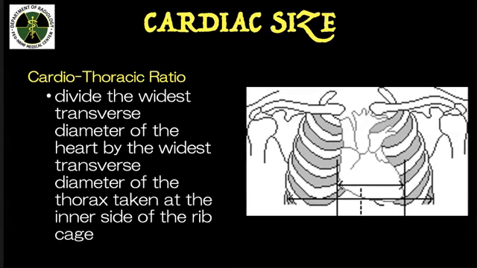As you can see here, this is the widest transverse diameter of the heart. You will divide this by the widest transverse diameter of the thorax, from the inner side of the rib, so you can get the CT ratio.